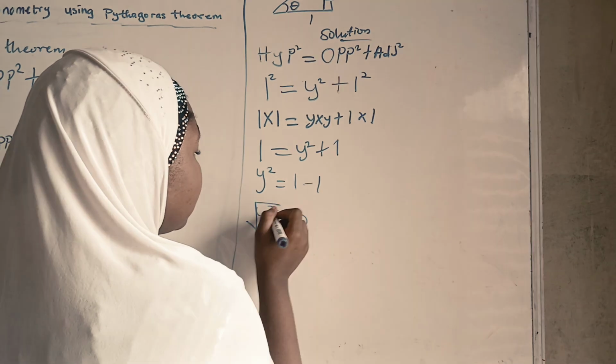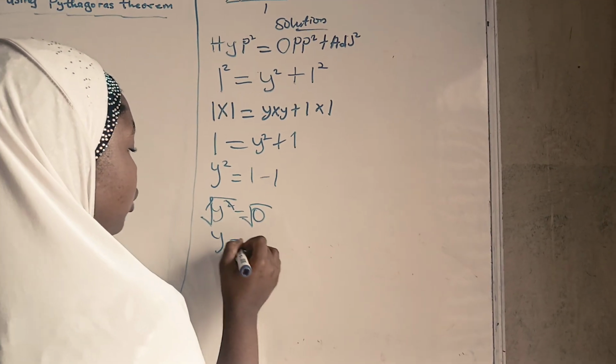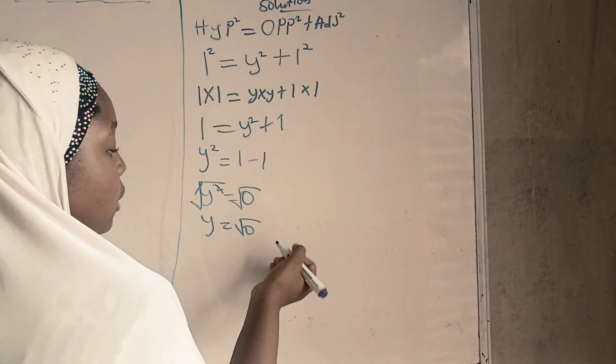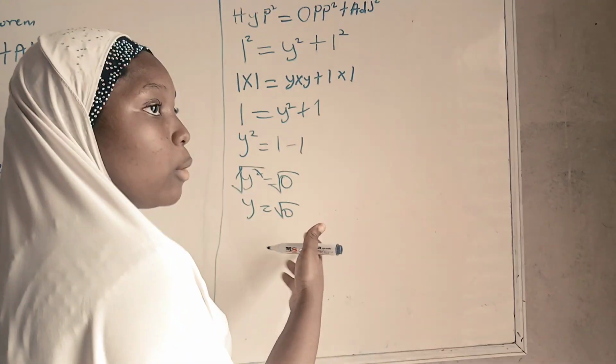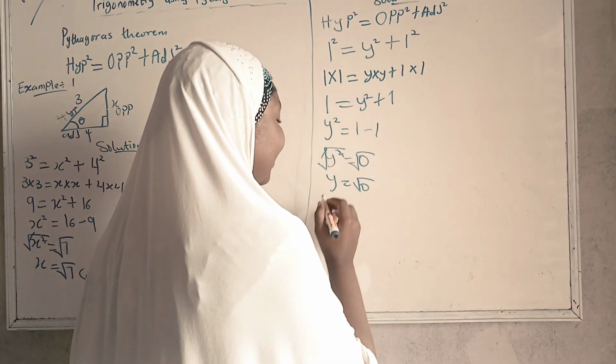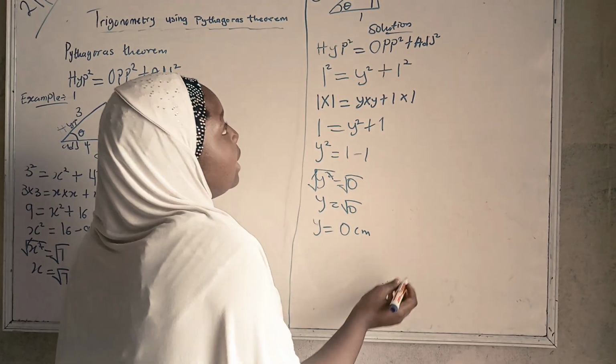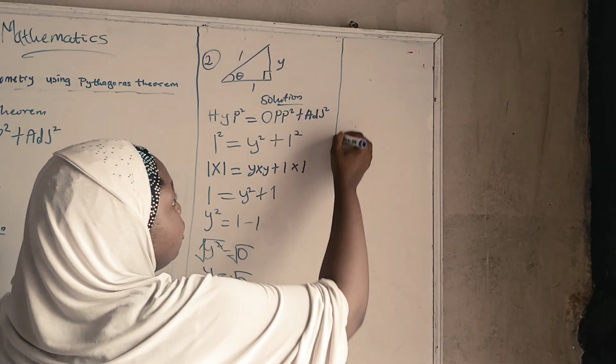Then square root both sides. Y is equal to root 0. Root 0 is the same thing as, what will you multiply twice and give you 0? So y is equal to 0 centimeters. Then I would love you to solve this question.